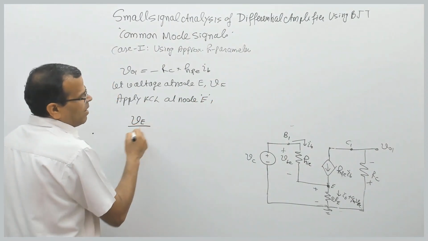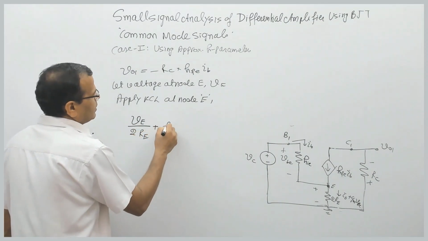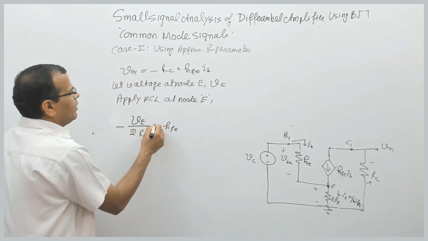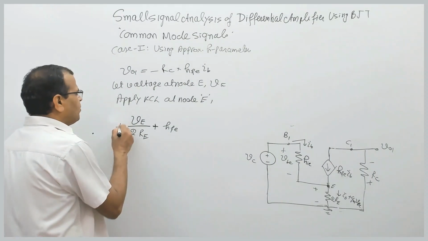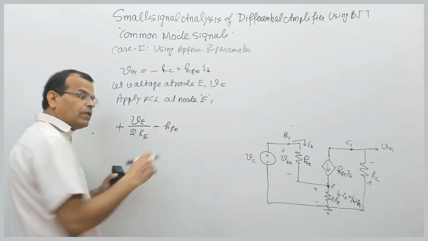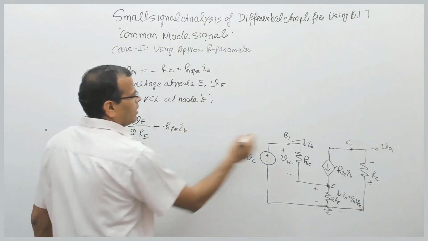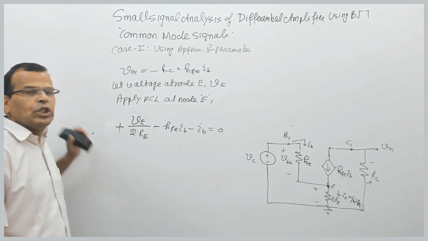VE upon twice RE plus HFE. This is outgoing current, so I will make it negative. Incoming current I will make positive. It is your choice. If you take it positive, then make the other negative. It's totally your choice. So HFE into IB, that is incoming current. IB is also incoming current, that is equal to 0.